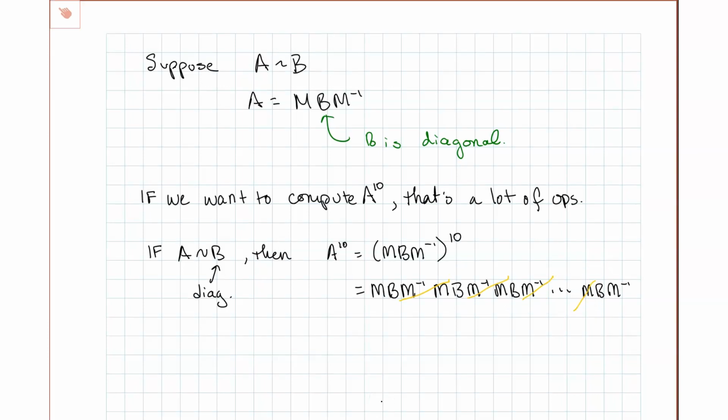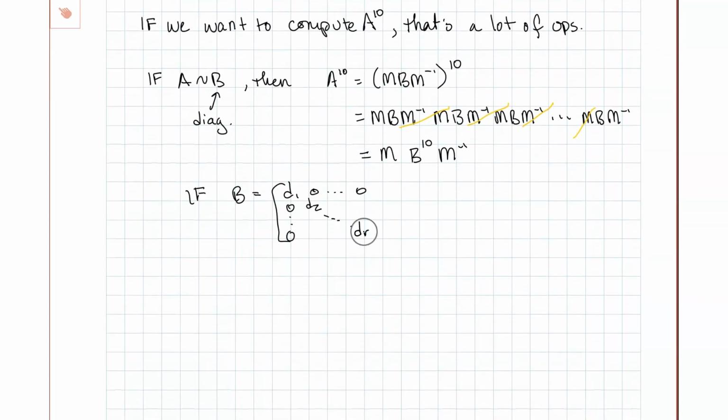And what we're left with is just M times B times itself 10 times M inverse. Now it looks like we've reduced the problem of computing the 10th power of an arbitrary matrix into computing the 10th power of another arbitrary matrix, but if B is a diagonal matrix, it's easy to compute powers.